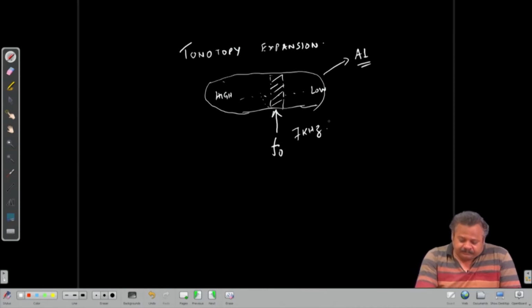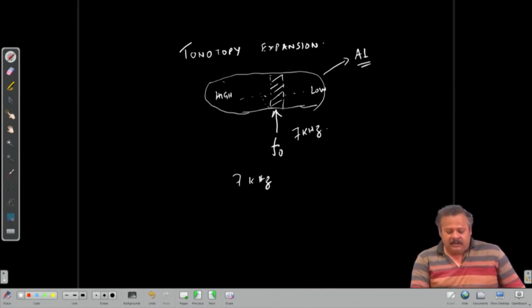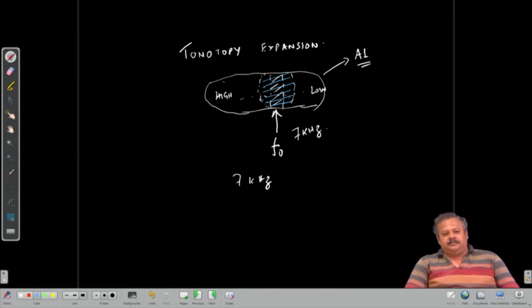Now, during the critical period, if the animal is exposed to 7 kilohertz continuously for those 4 days with repeated gaps, then this area is expanded, that is, the number of neurons now responding to the 7 kilohertz increases in terms of the area covered by those neurons in the cortical region.